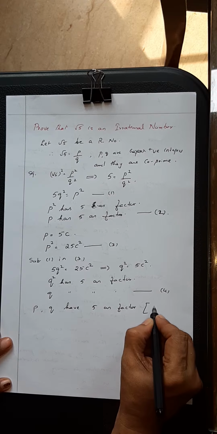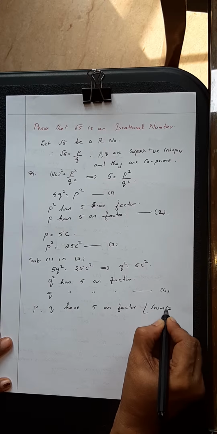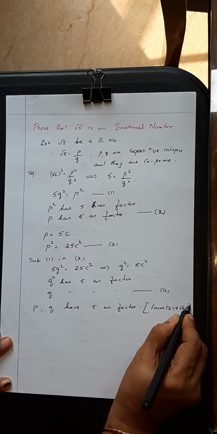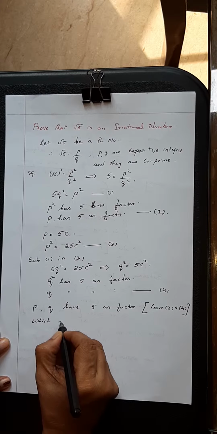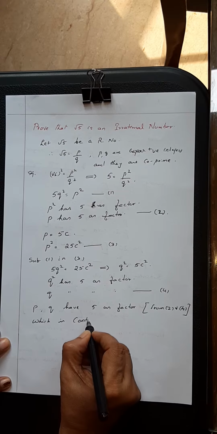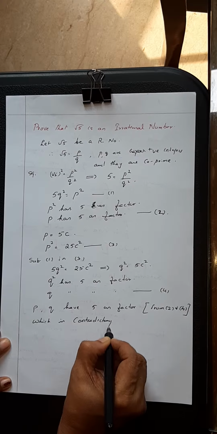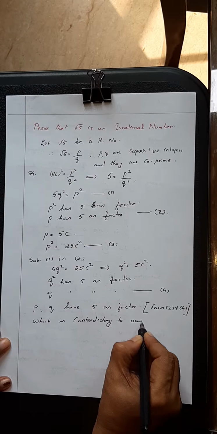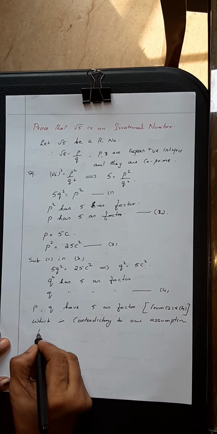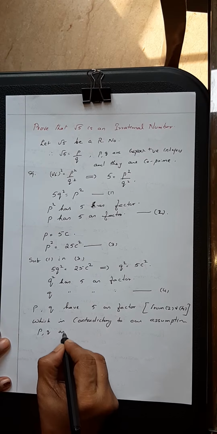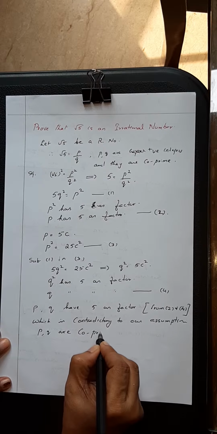This is from 2 and 4, which is contradictory to our assumption that p and q are co-prime.